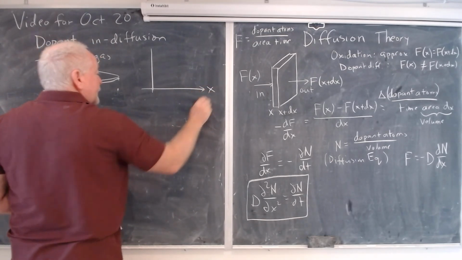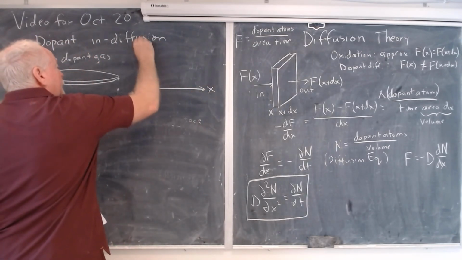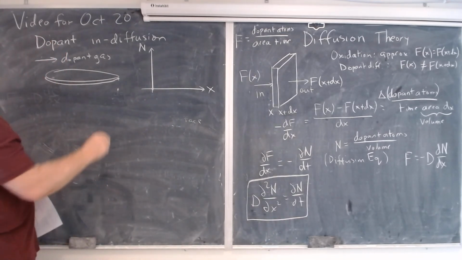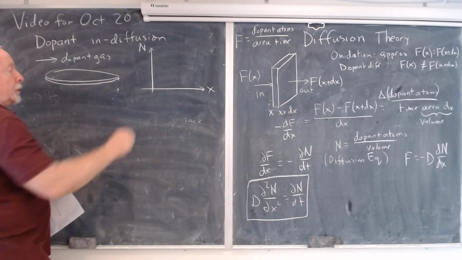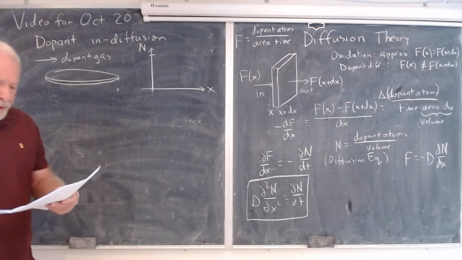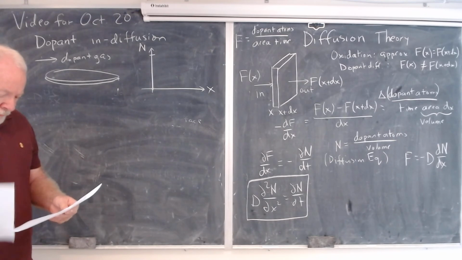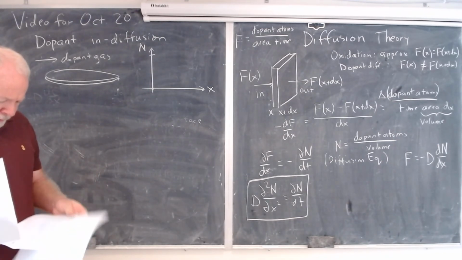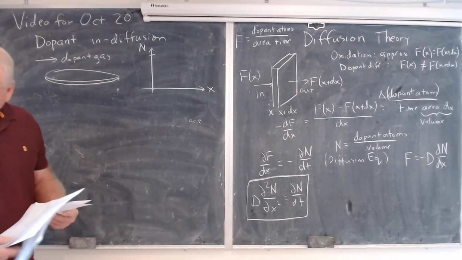This is now X for some strange reason. This is N. This is the wafer surface at X equals 0. And that was the other difference. For oxidation, we have C sub S. For dopant diffusion, we have N sub 0, I think, or is it the other way around?